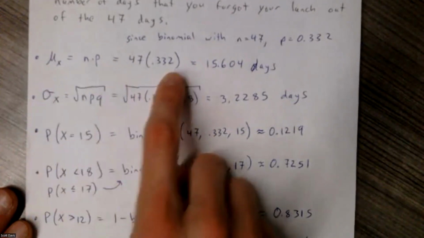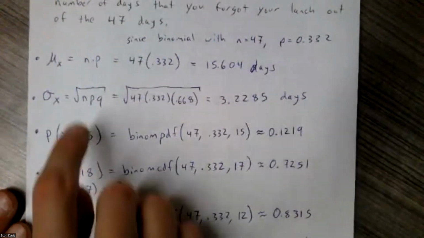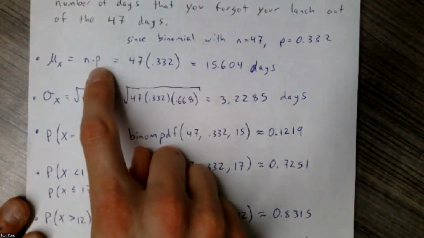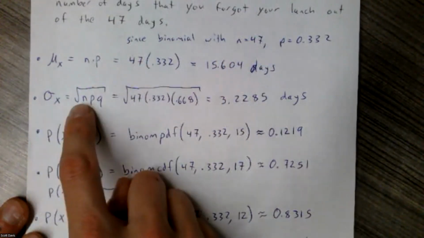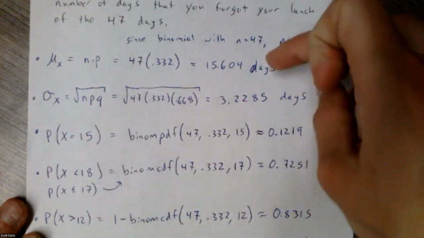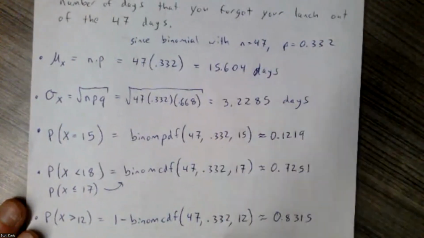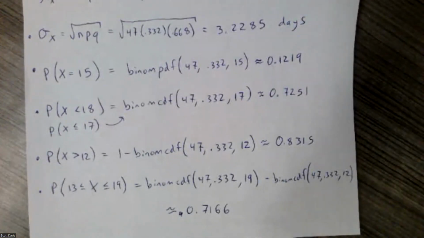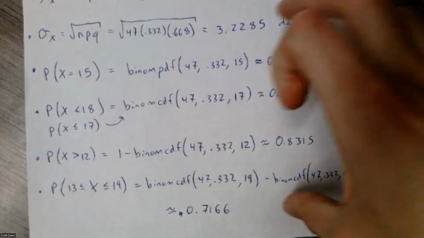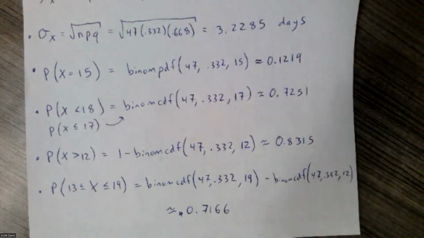So I don't just have the values. And here's the mu, here's the formula I'm using, the values plugged in, and my solution. Standard deviation, the formula I'm using. Right, there's a little bit of space in between all of my work, and I have all of my answers and all of the work, specifically what I've typed into my calculator.